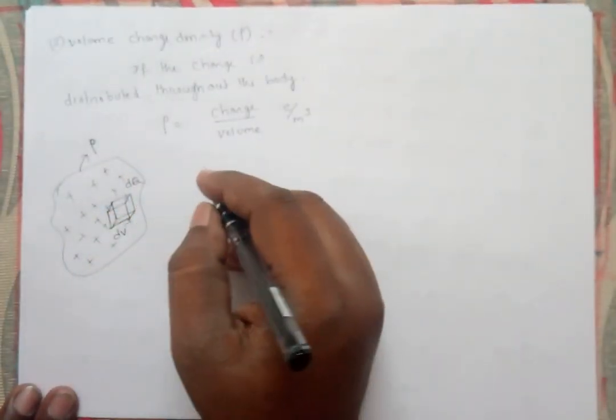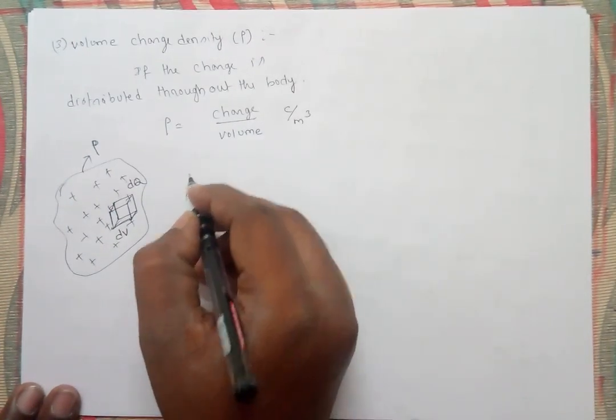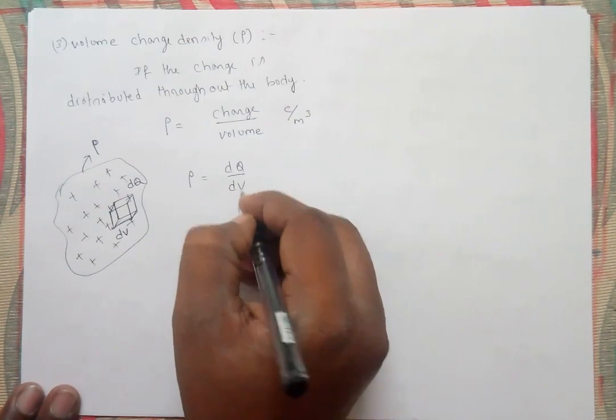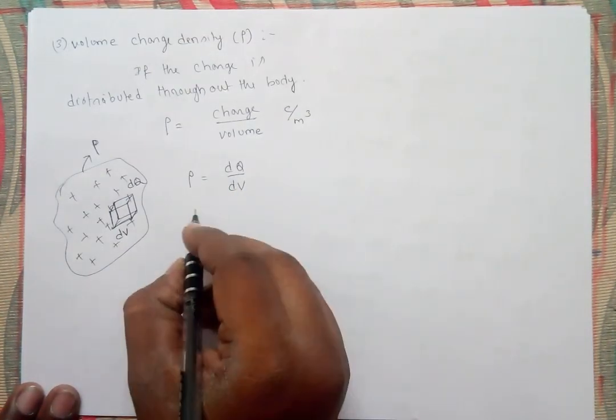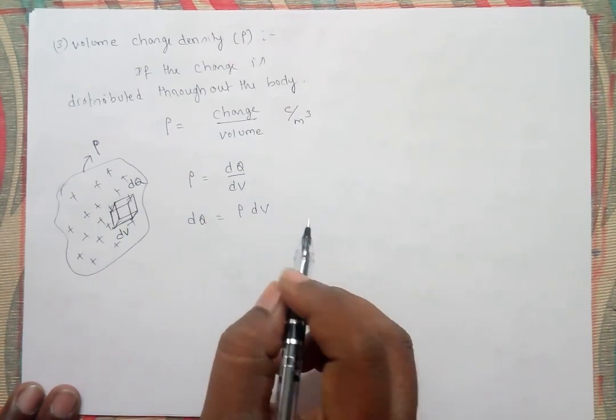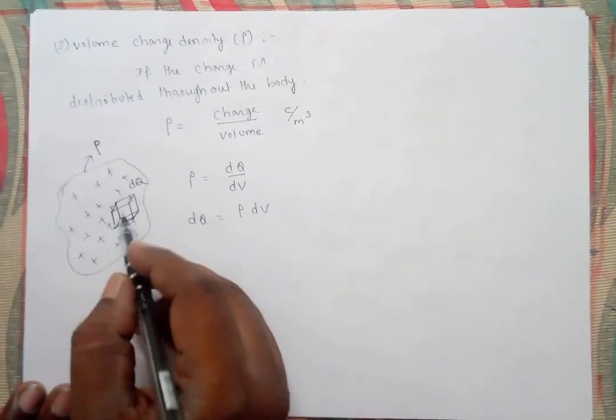According to this definition of volume charge density, rho equal to dq by dV. So dq equal to rho dV.